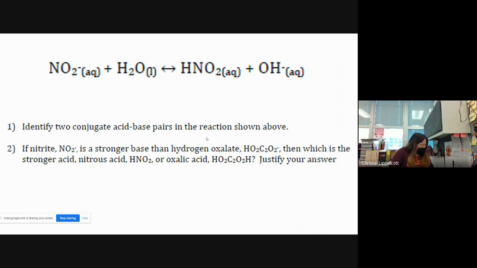All right, you do. Identify the two conjugate acid-base pairs in the reaction shown above. So what are the acid and base pairs? And then if this guy is the stronger base, which is the stronger acid?